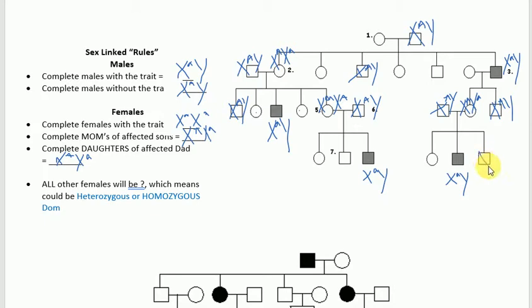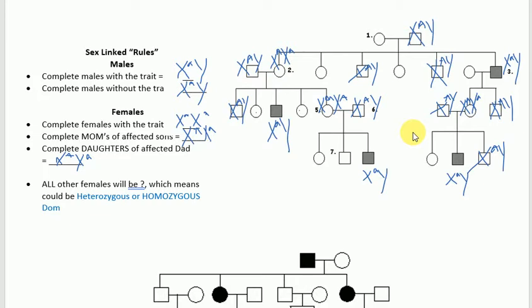And we can say that this guy is X big A, Y. And really, that's all we can determine, because the rest are unknown as to whether or not they are recessive or dominant.